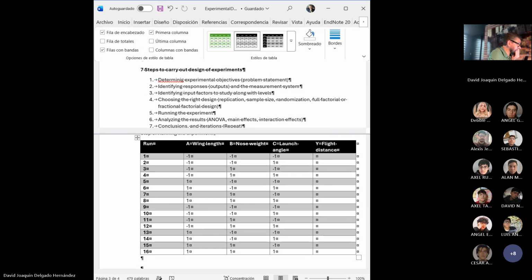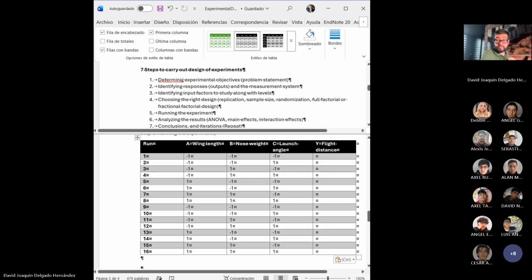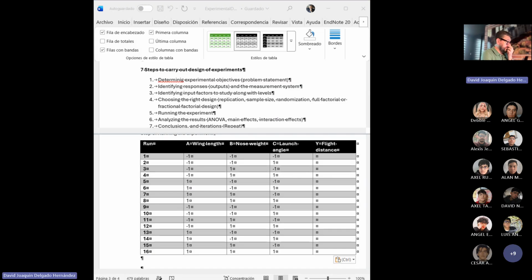Okay. Perfect. So I am going to put the values of the distances.